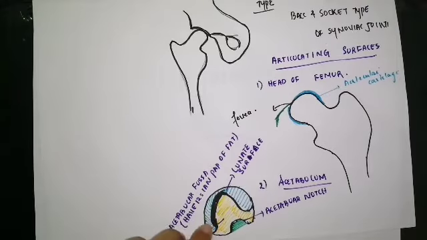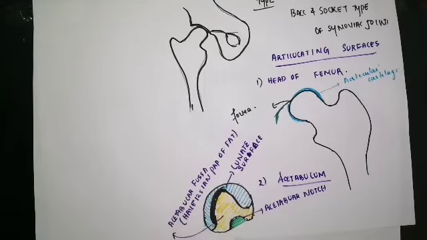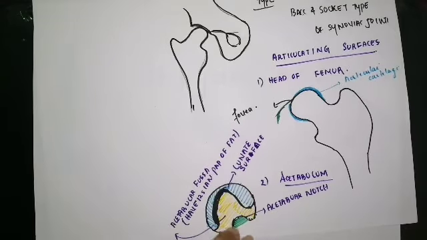You can see here there is an articulating part which is the lunate surface covered with the cartilage. The non-articulating part is the acetabular fossa which is covered with the hyaline pad of fat, and there is an acetabular notch into which the transverse acetabular ligament is attached.